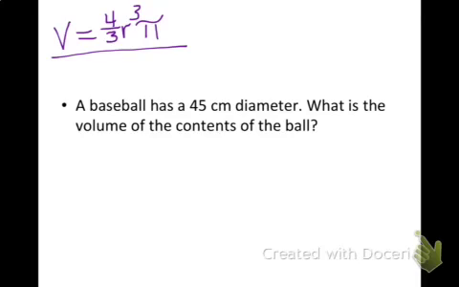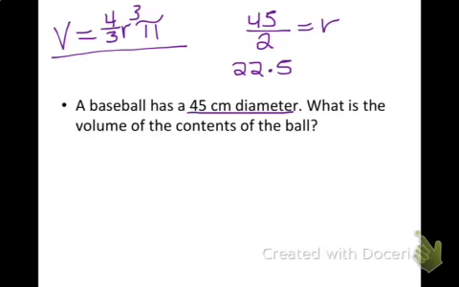So the problem here is that we've been given diameter. So first we need to convert that to our radius. So that gives us 22.5 as our radius. So now all we have to do is plug this in for r.